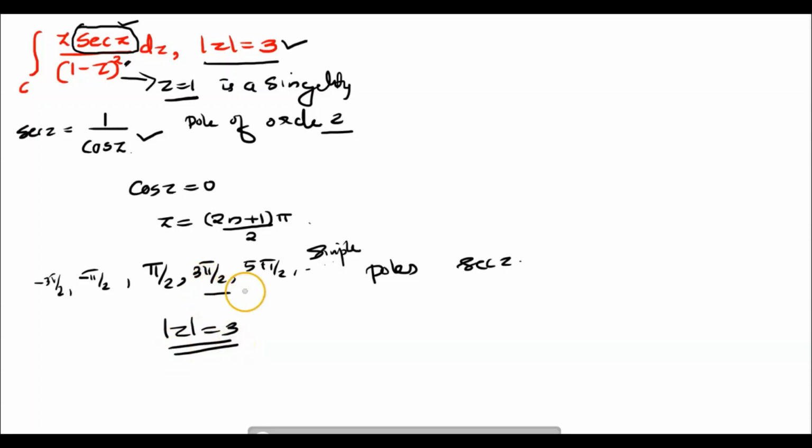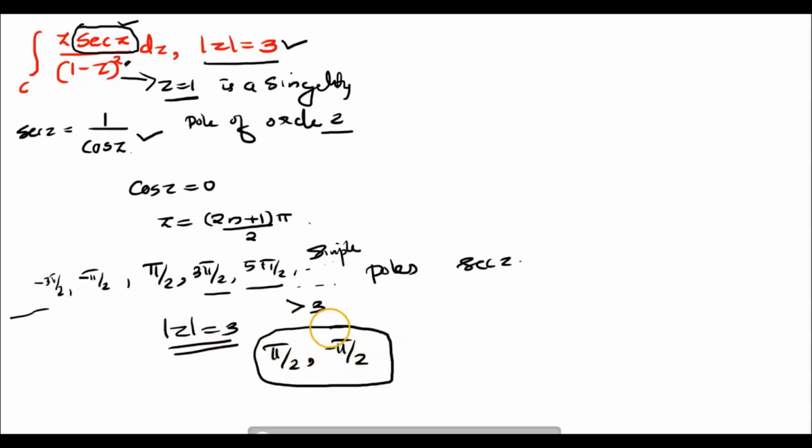We know that 3 pi by 2, 5 pi by 2, etc. are greater than 3. Also minus 3 pi by 2 is not inside the region mod z equal to 3. This is a circle of radius 3 with center 0. So pi by 2 and minus pi by 2 are inside the region.